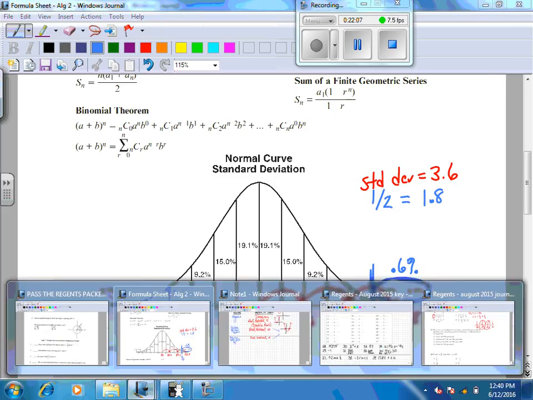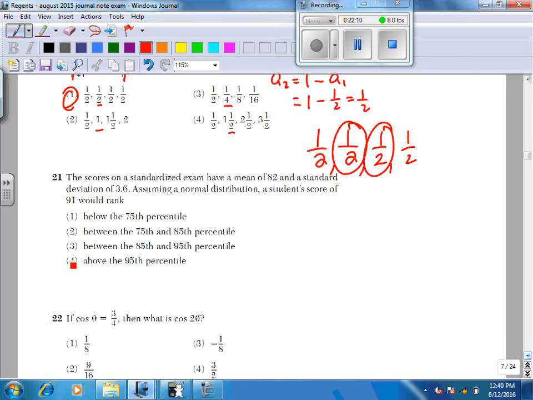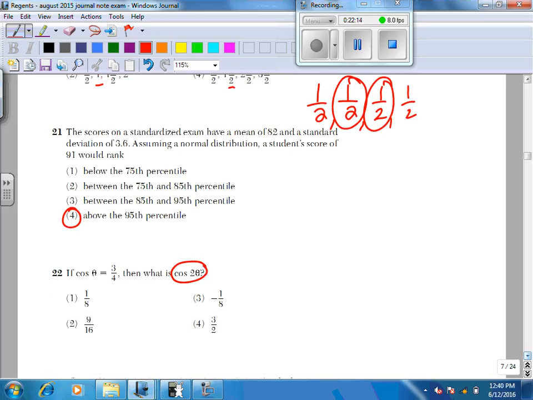Okay. Go back. And 22, we need to use our reference sheet. Cosine 2 theta has 3 things we can use as the double angle formula. But knowing what cosine is equal to tells me I should probably use the formula that deals with cosine.